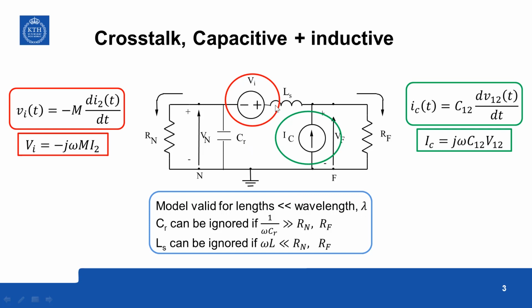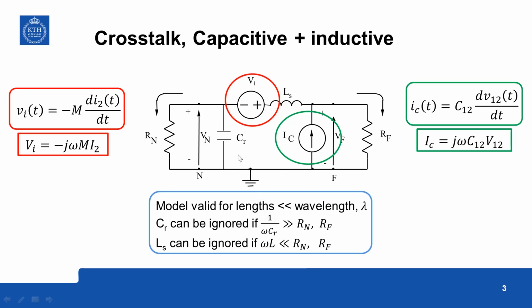Now we have the series inductance L, that is applicable for the victim circuit, and you have the capacitance to the reference CR. In some cases these can be neglected, but not always. So as a matter of practice, always include the series inductance and parallel capacitance to the reference when you draw the model.